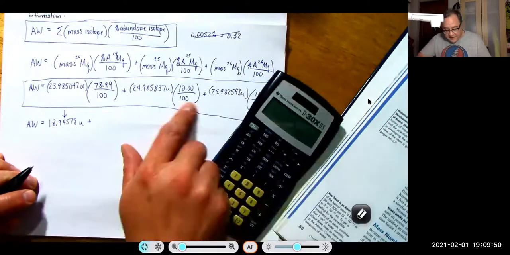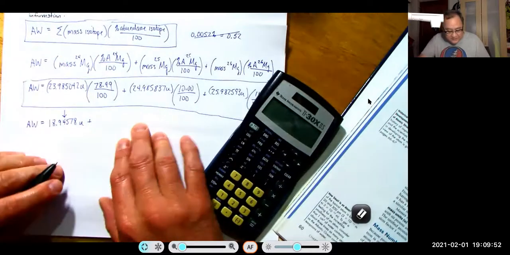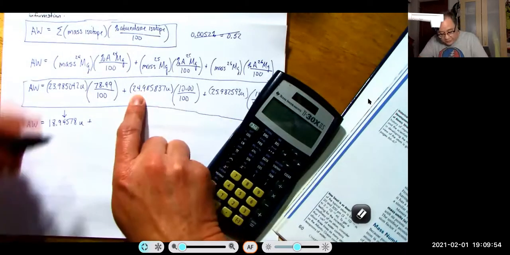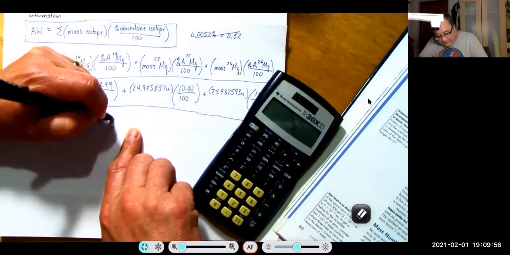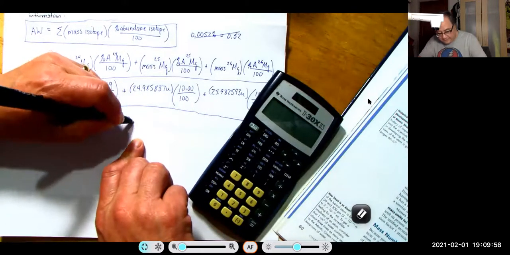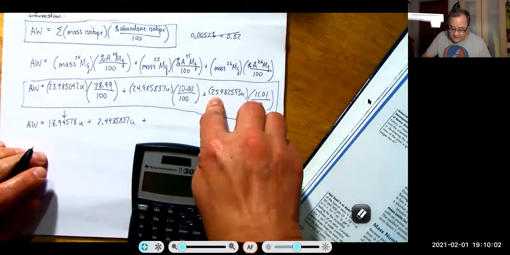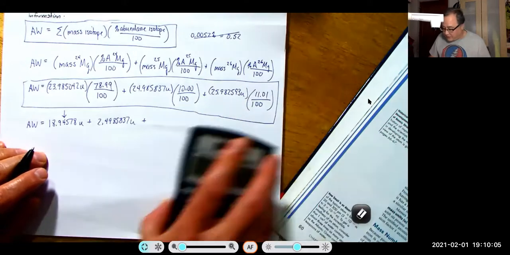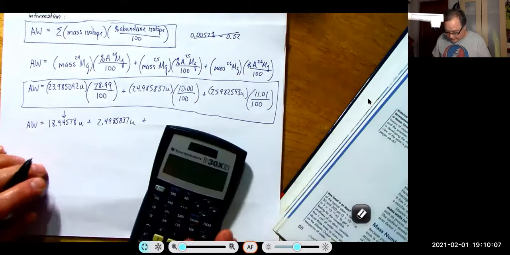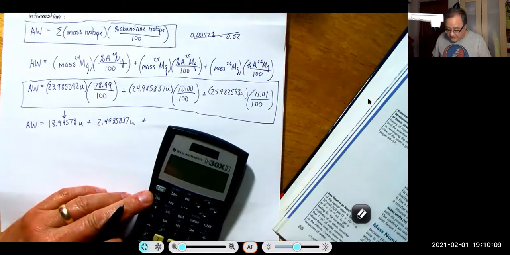This one, I don't even need a calculator because I'm going to take 1/10 of that, which is 2.498587 U. And this is going to be close to 2.59 because that's close to 10, but it won't be quite 2.59. Let's see what we get. 25.982593 times 11.01 and divided by 100.